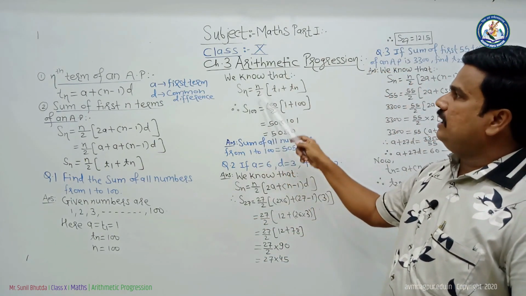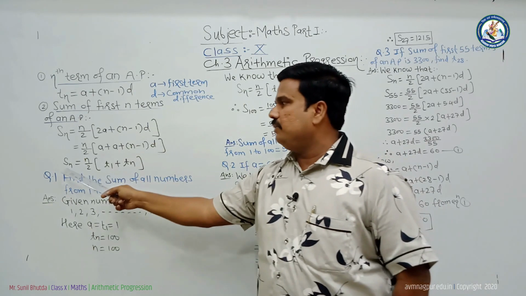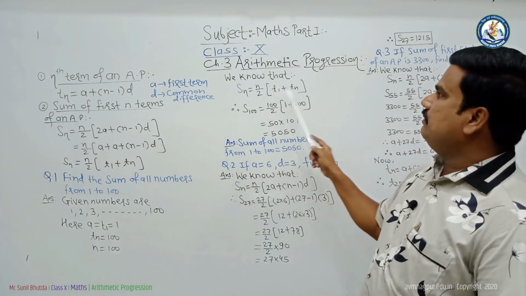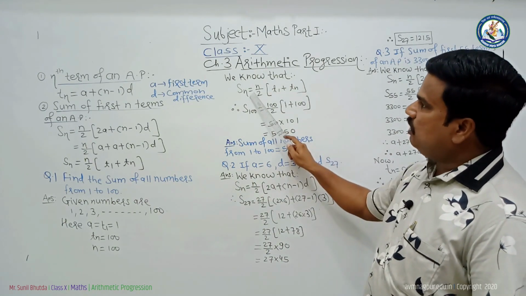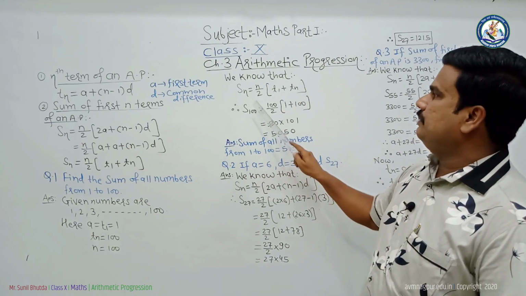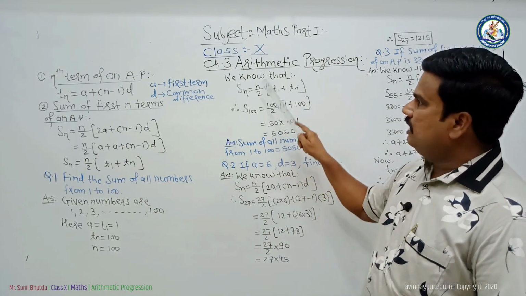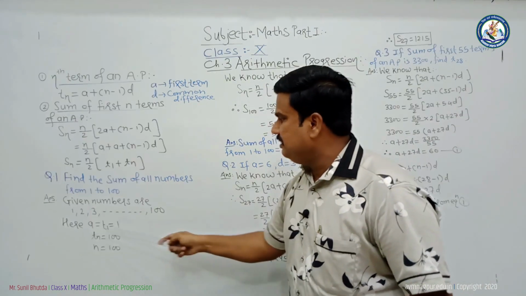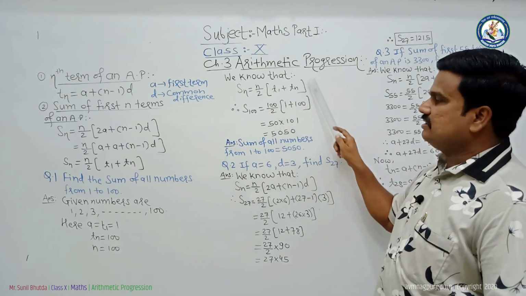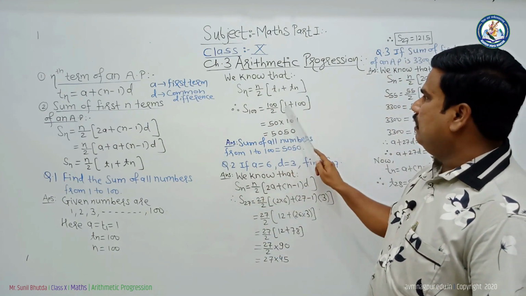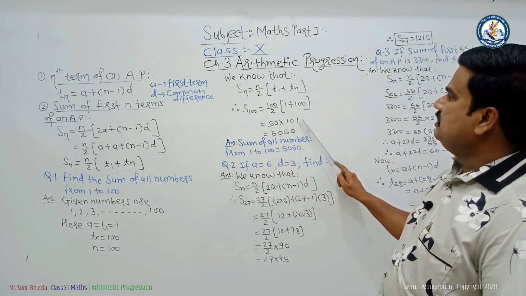Write the formula to calculate Sn. Sn equal to n by 2 in bracket T1 plus Tn. What is small n? Number of terms, which is 100. Therefore, S100 equal to 100 upon 2. T1, the first term, is 1, and the last term is 100. 1 plus 100 will give 101.